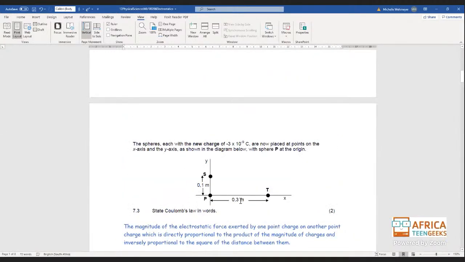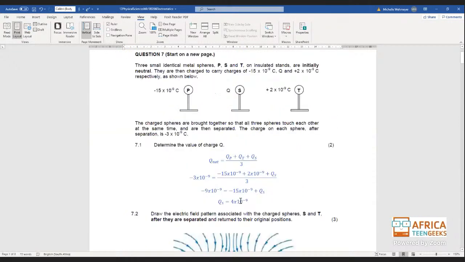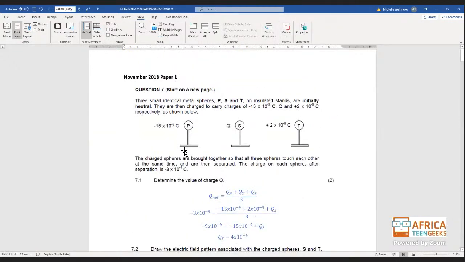Okay, so what you have to realize is you go back to the beginning, you go and look at what their charges were. So they went from having these charges to having the -3 times 10 to the -9 coulombs. So I'm going to work with sphere T and say that it gained electrons because it went from a positive 2 times 10 to the -9 coulombs to a -3 times 10 to the -9 coulombs.